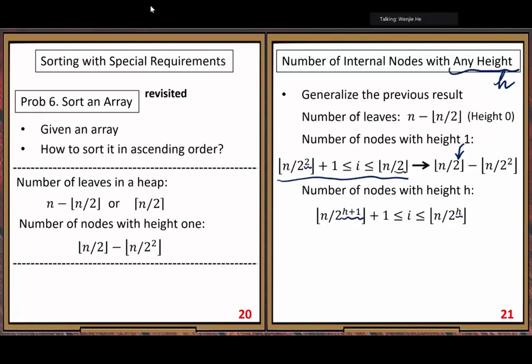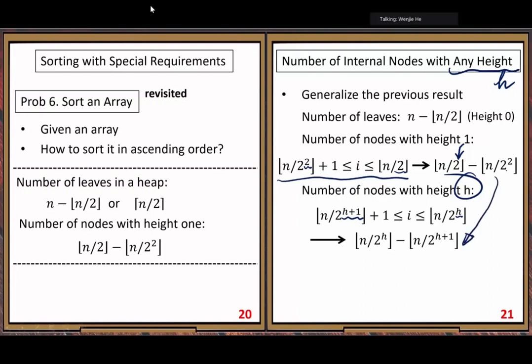Induction, right? So here we use the induction way. Then the counting number of internal nodes with height h.